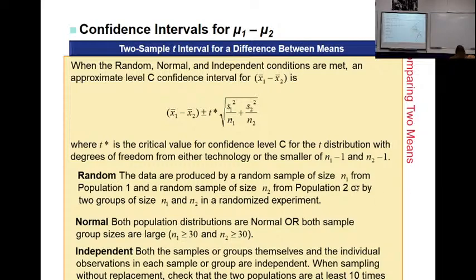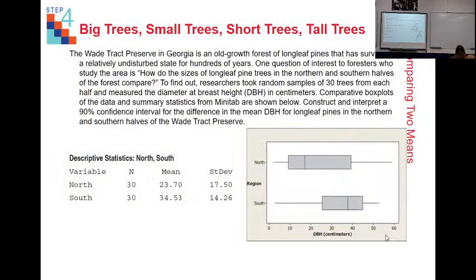All right. Let's do a confidence interval. Again, we're going to go fast. I want to do this in 4 minutes. Step 1: we are estimating the mean difference of DBH in centimeters of these separate samples of trees.